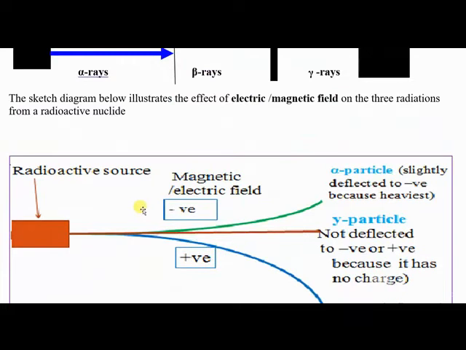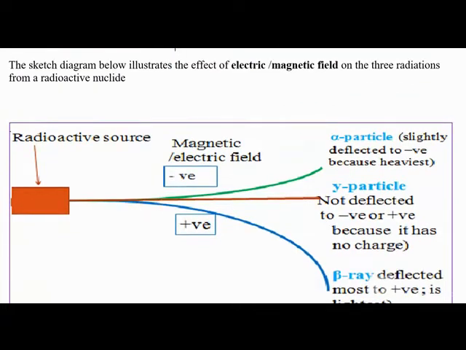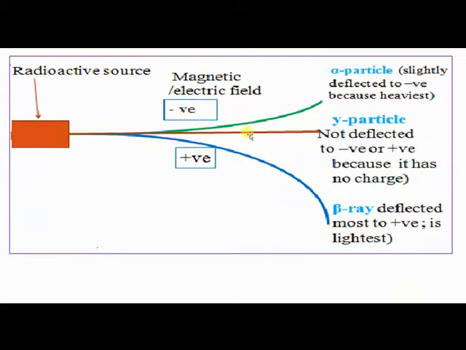In terms of deflection in an electric field, now you can comfortably see that this one with orange, whichever color it is, is the gamma, because it is not deflected to the negative or the positive because it has no charge.